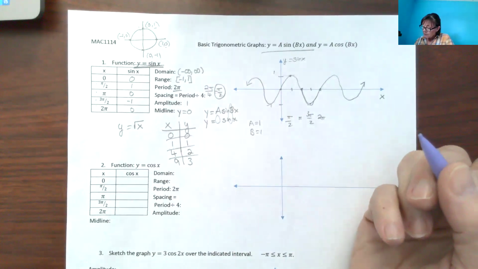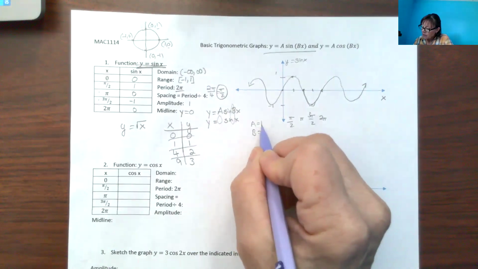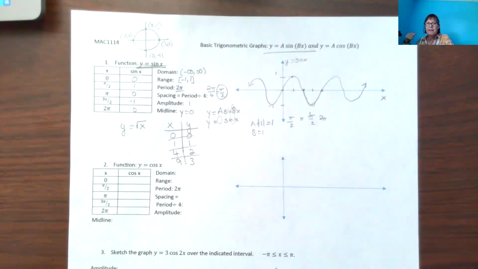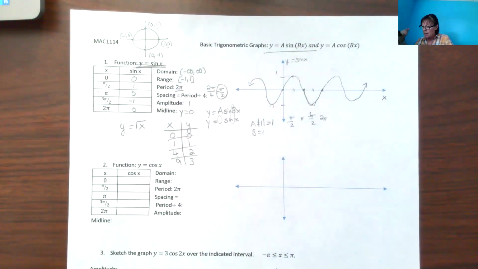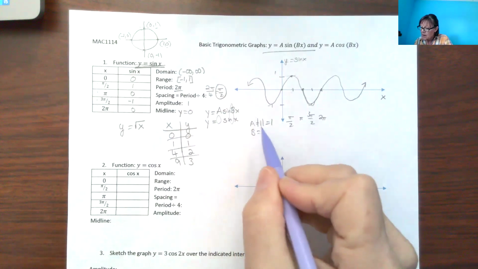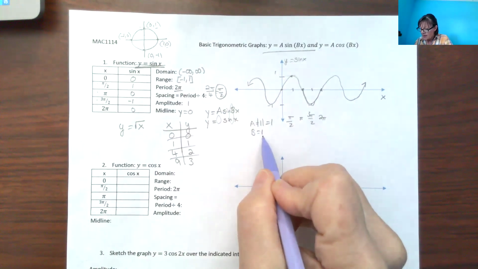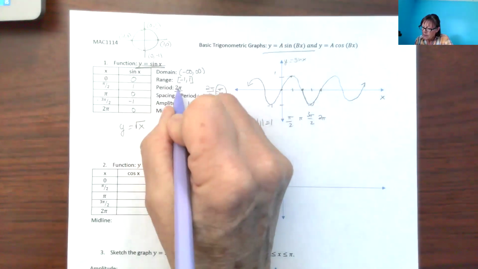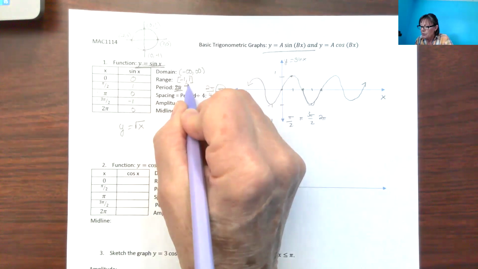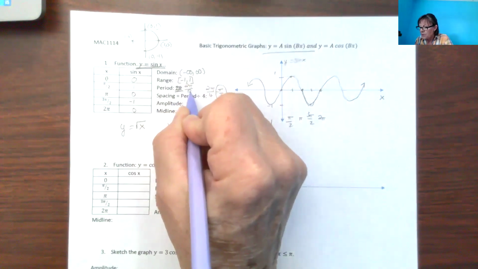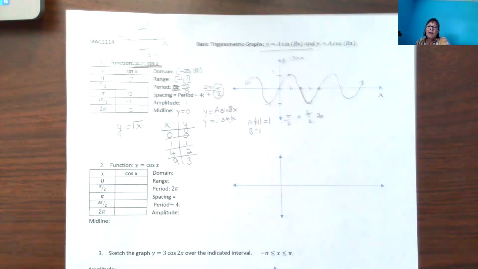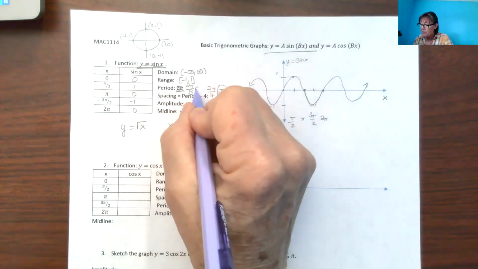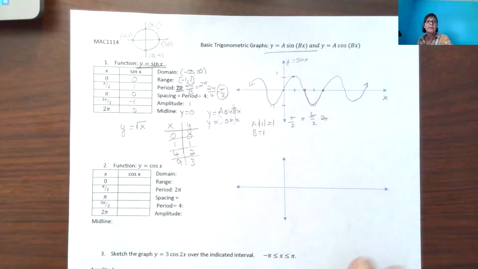So the amplitude is whatever this a value is, but it's the absolute value, because it's just a distance, how high and low it is going from the midline. And b is the number in front of x, and that affects the period. So technically, the period is not 2 pi, it is 2 pi divided by b. But because b is 1 for a normal sine graph, 2 pi divided by 1 would be 2 pi. That's why we say that.